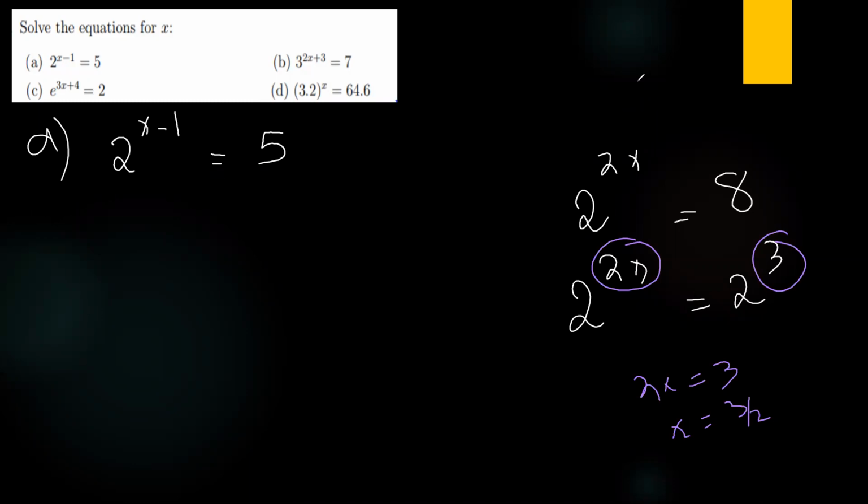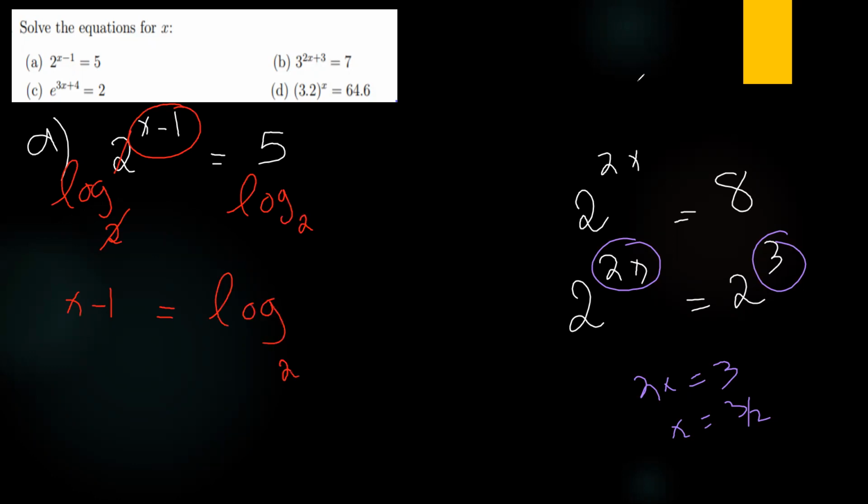Now I want to cancel 2, so I need to put logarithm to the base 2 on both sides. So I get logarithm to the base 2 of 2 that cancel each other. So I get x minus 1 equals logarithm base 2 of 5.